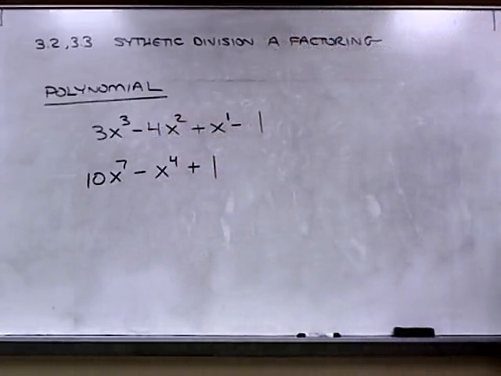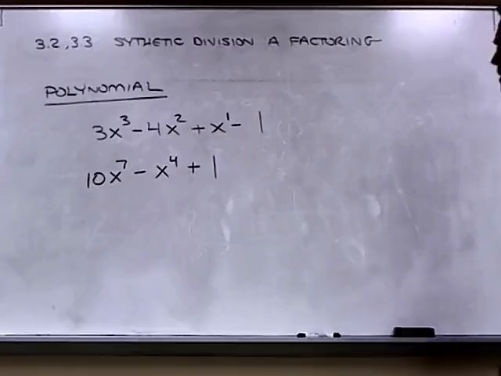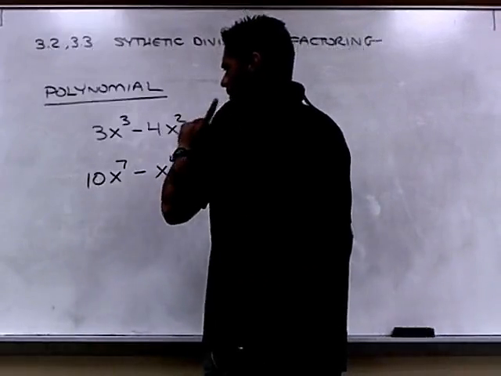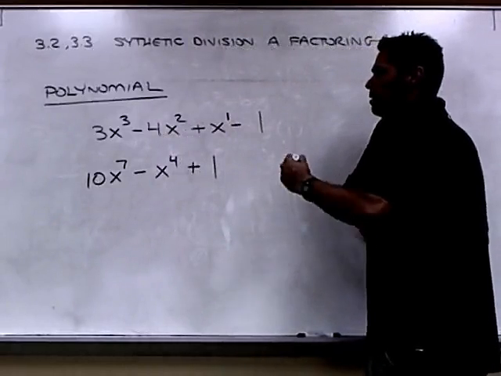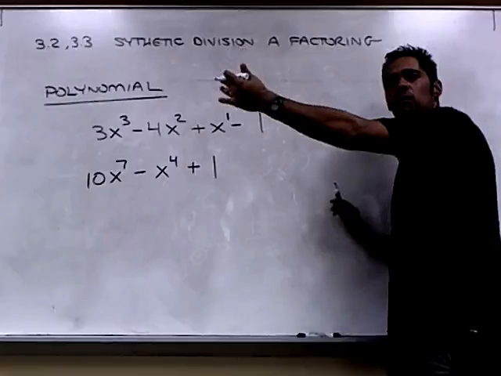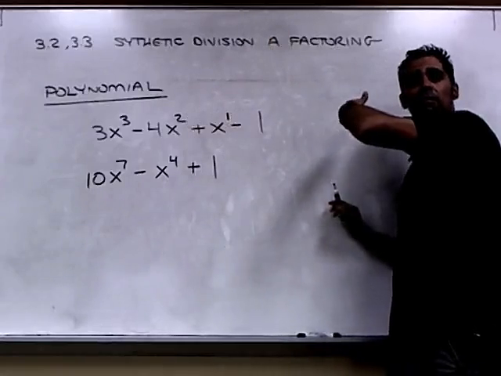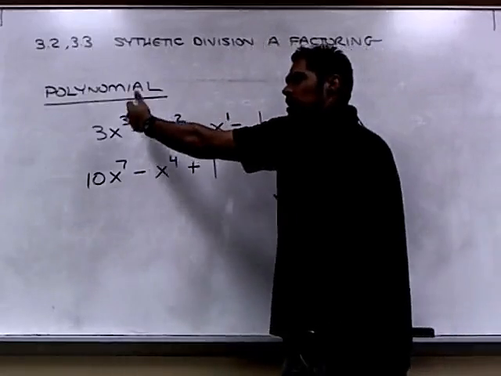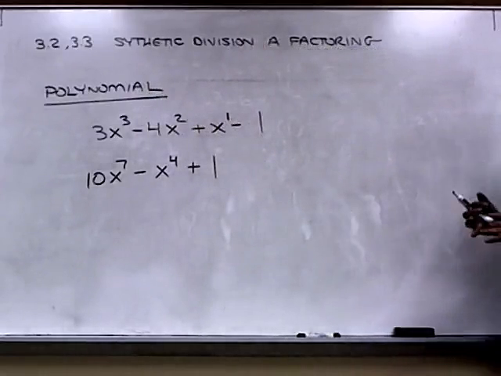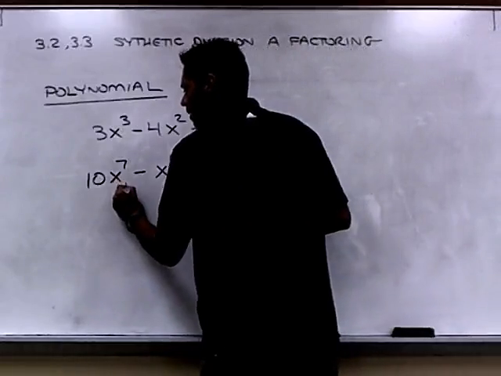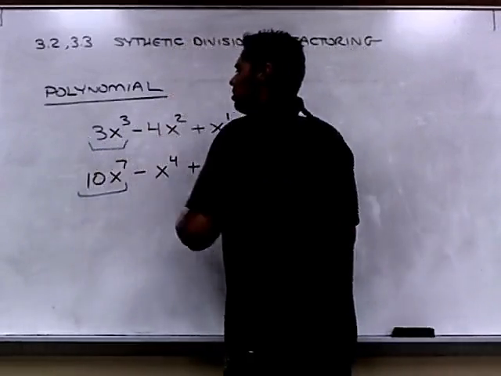Now, with polynomials, we have two special things when we look at them. Actually, three things we need to look at. First of all, we talked about descending order. Descending order meant highest power down. So the highest power of x and then down. If a polynomial is written in descending order, then that first term on each of these has two special things.